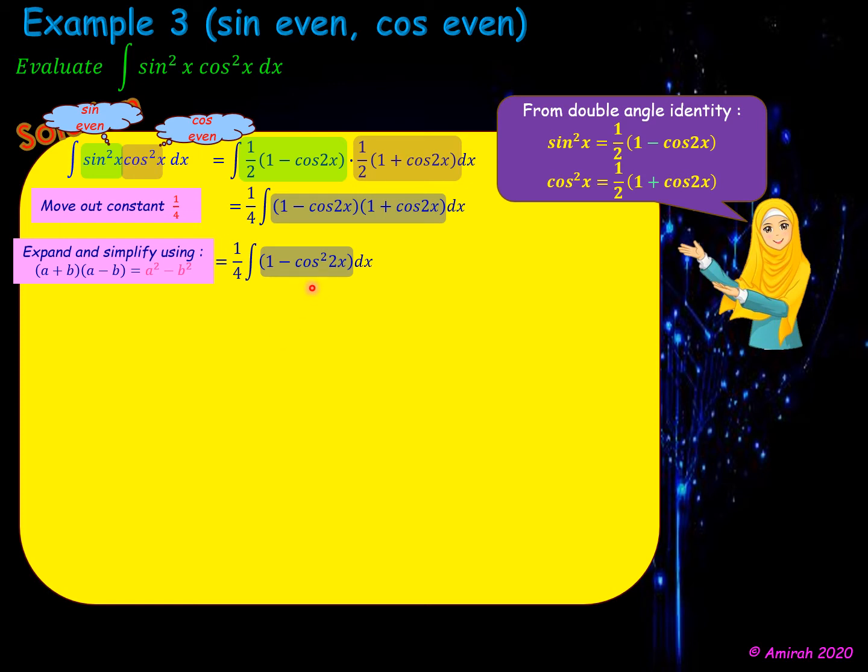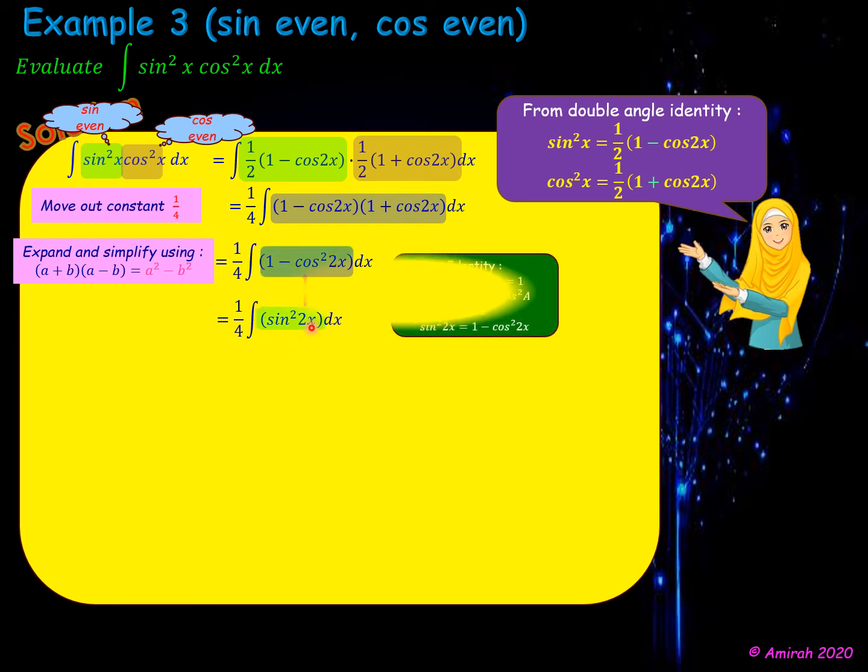And then we can integrate cos squared 2x. For cos squared 2x, we still need to use the double angle formula. Or, we can use the identity 1 minus cos squared 2x equals sine squared 2x.